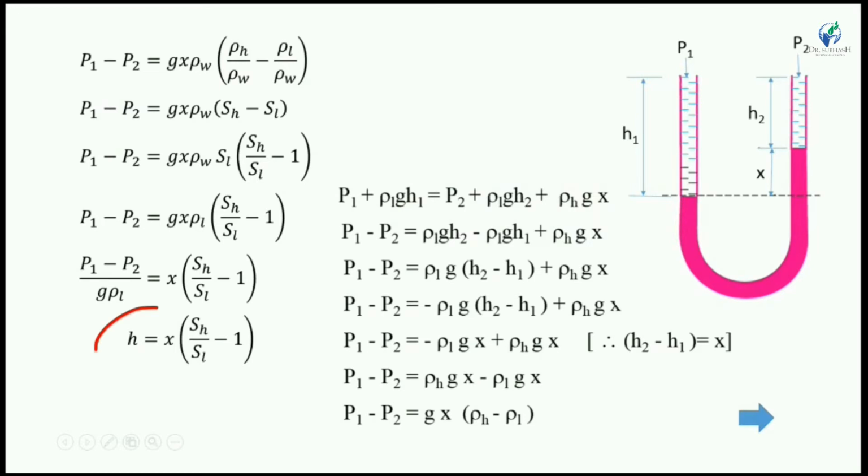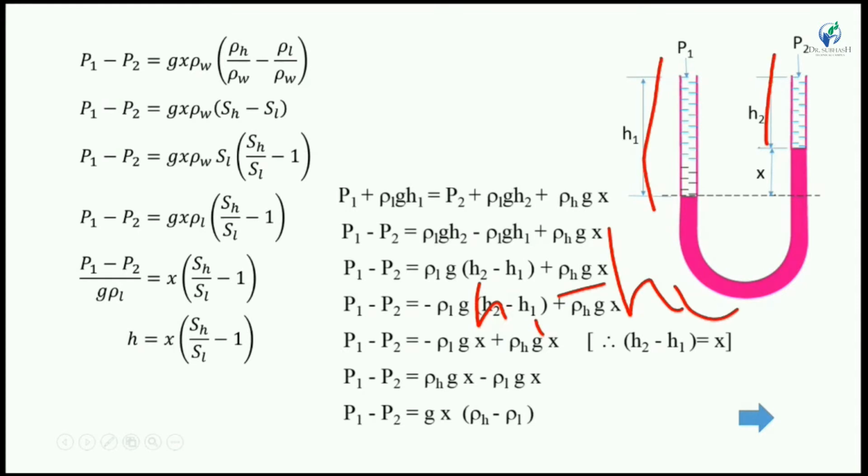Now we know that we have to find the dynamic pressure head, so we have to find the pressure difference P1 minus P2. So we arrange the equation in this way. Now we take the common ρ1g, so in the bracket, H2 minus H1, plus ρhgx. Now multiplying by the minus sign changes the sign of H1 and H2, so here it is H1 minus H2.